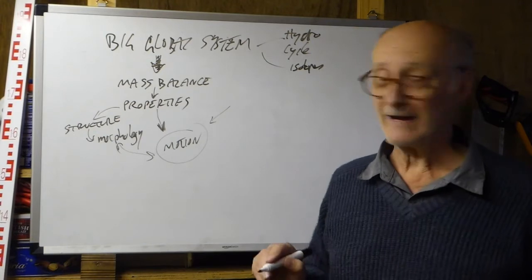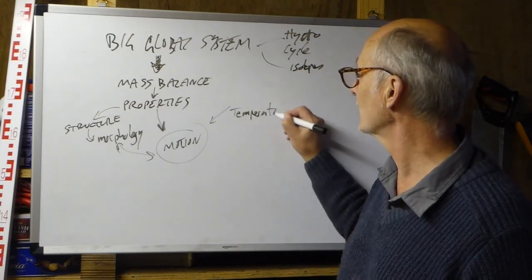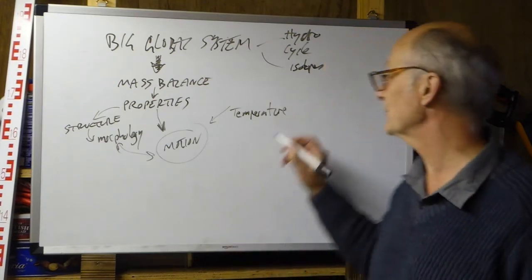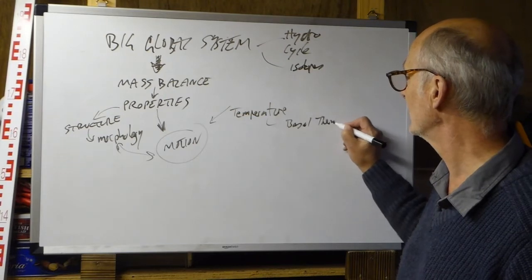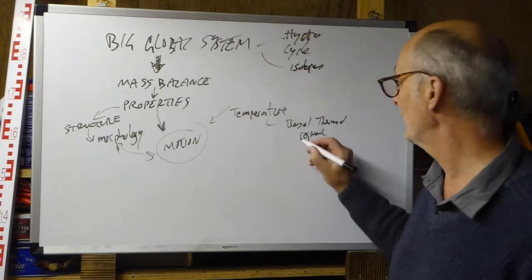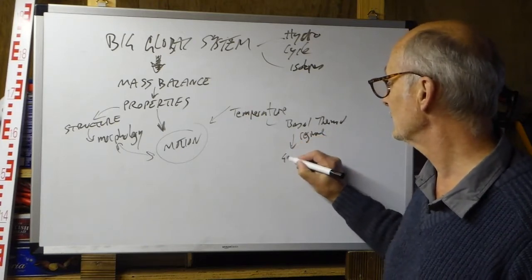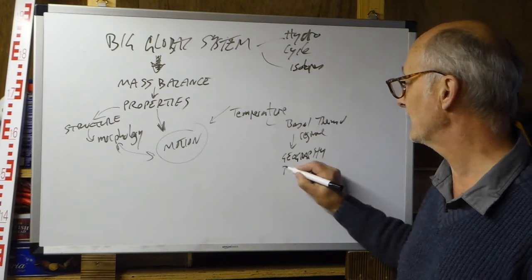Now, when talking about motion, a number of different topics cropped up as being really important. And one of those was temperature, and in particular we talked about the basal thermal regime. And we made the point that the basal thermal regime led to a geography of basal processes.